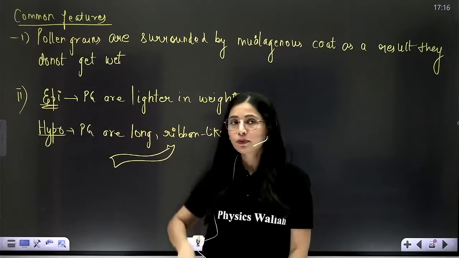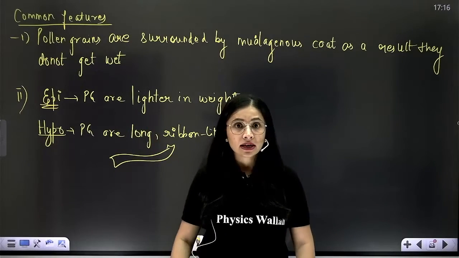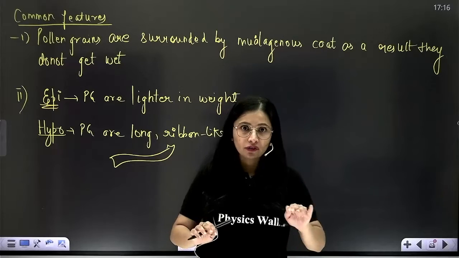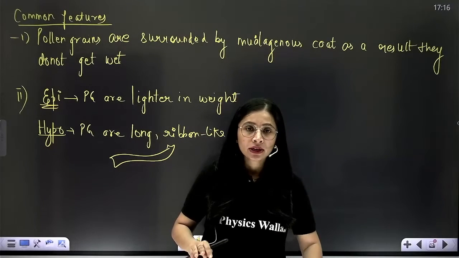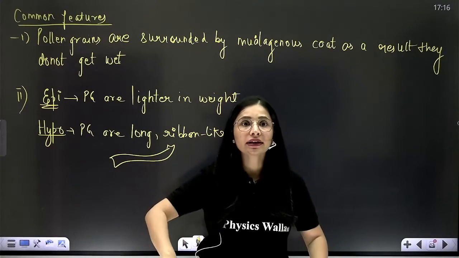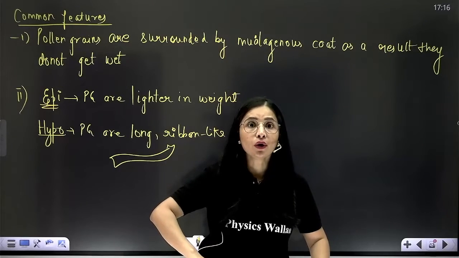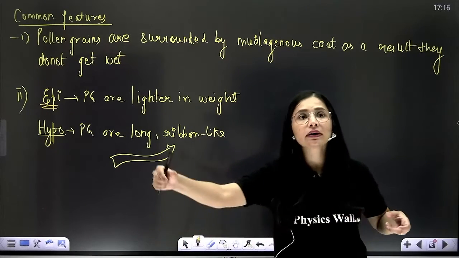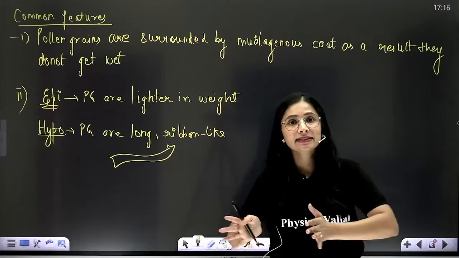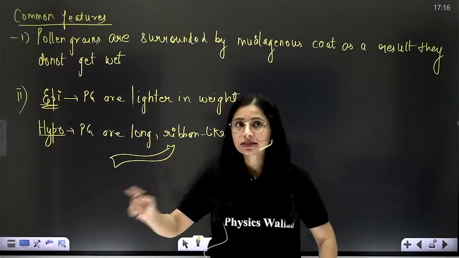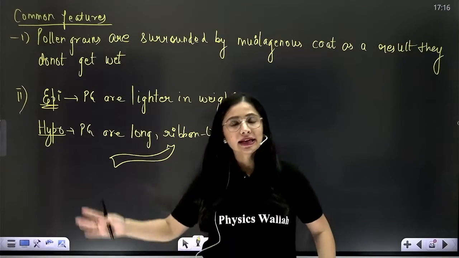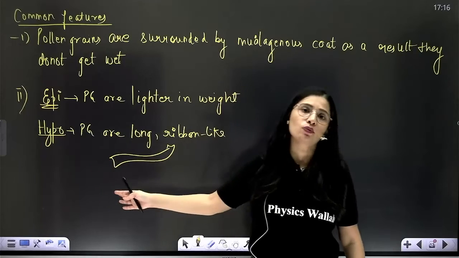But in hypohydrophily, what happens? The pedicel is not long. The female flower is still below. So there the pollen grains have to float, and for that they are long ribbon-like, so that they can easily swim in the water in search of the female flower, and thus pollination takes place underwater.